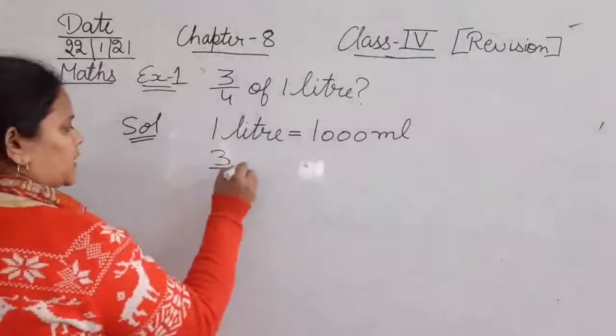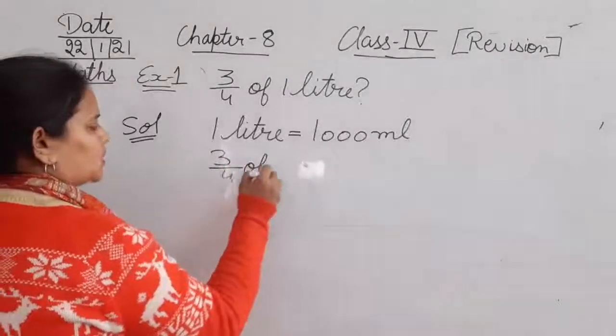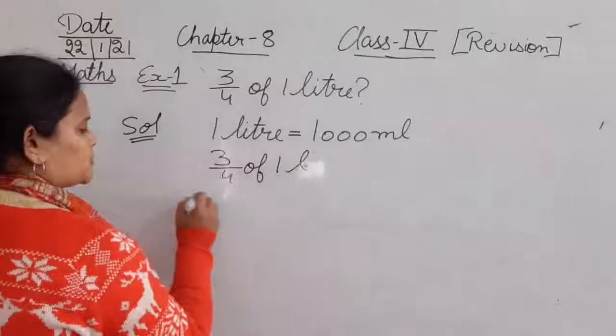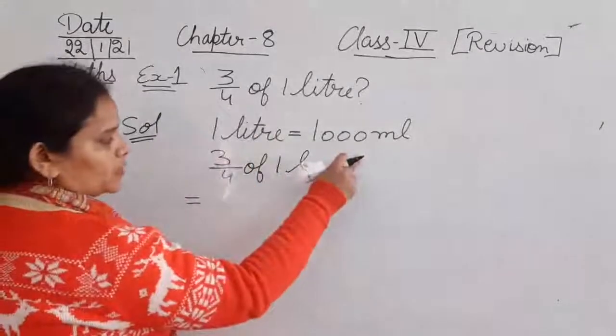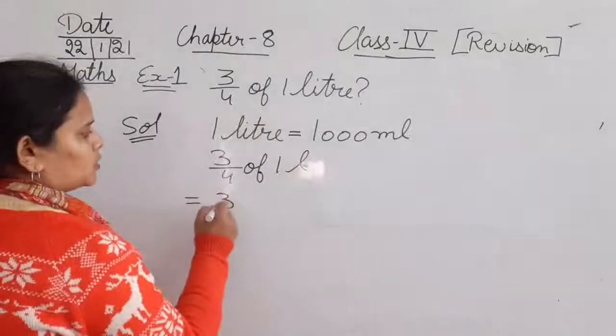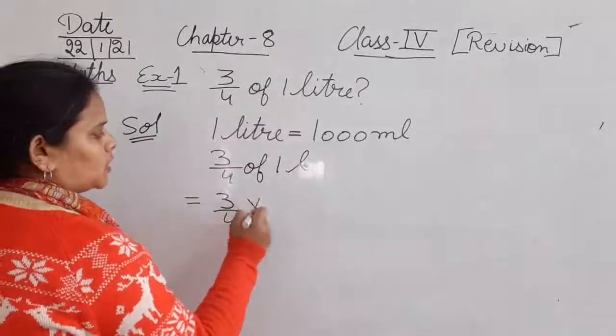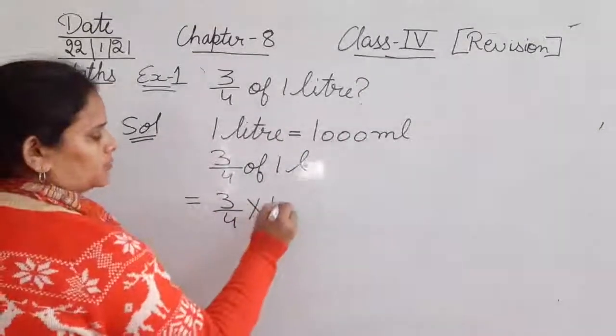And we have to find 3/4 of 1 liter. So instead of writing 1 liter, we can write the ml, because 1 liter is equal to 1000 ml. So instead of 3/4 of 1 liter, we can write 1000 ml.